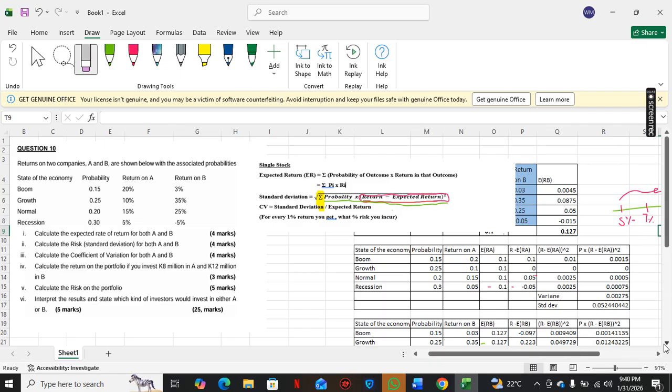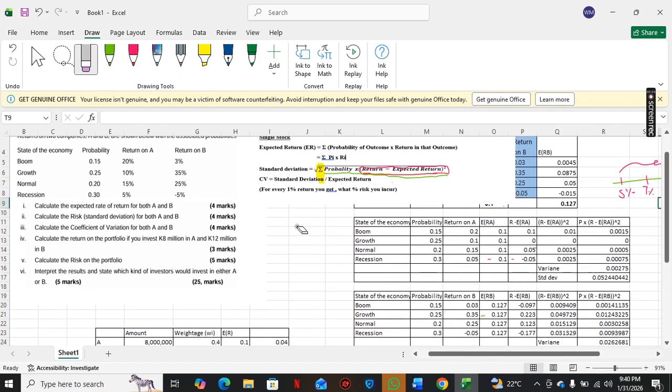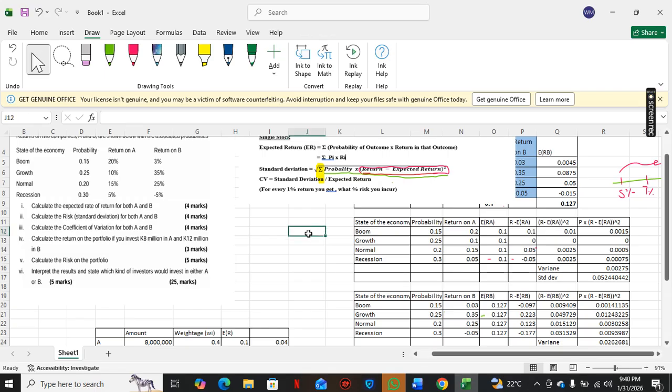Okay. So for investment A, expected return 10%, standard deviation 0.052. Okay.